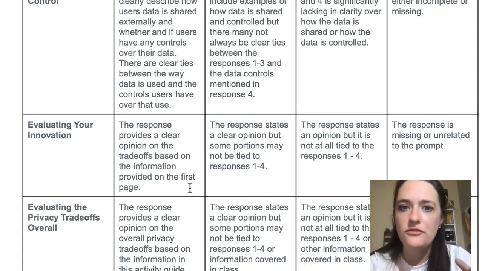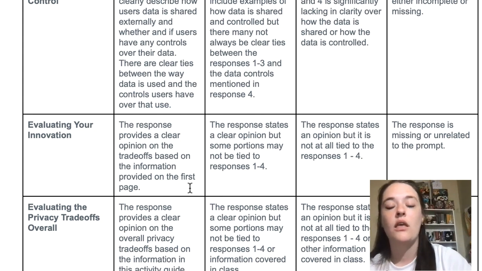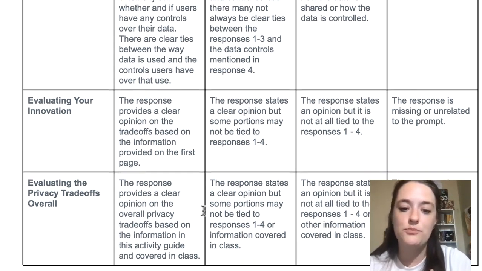Which parts are you for? Which parts are you against? That's possible. If you're very specific about what you're for and what you're against, I would consider that to be extensive evidence, okay? Evaluating the privacy trade-offs. The response provides a clear opinion on the overall privacy trade-offs based on the information.